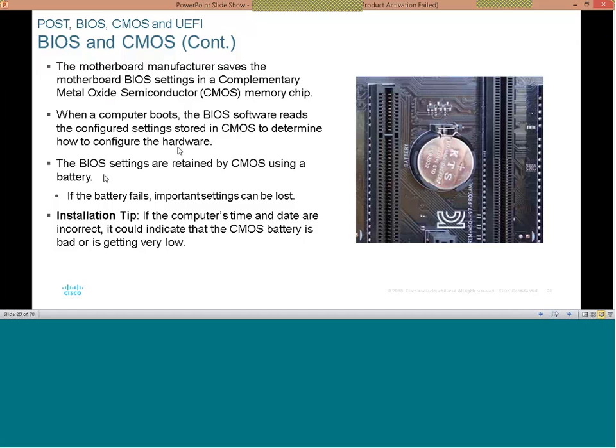So that is where the setup file is, where you can actually configure the system before it starts loading the operating system. You could also set the date. You could also password the system from the BIOS, such that it will be difficult for some level of abuse.